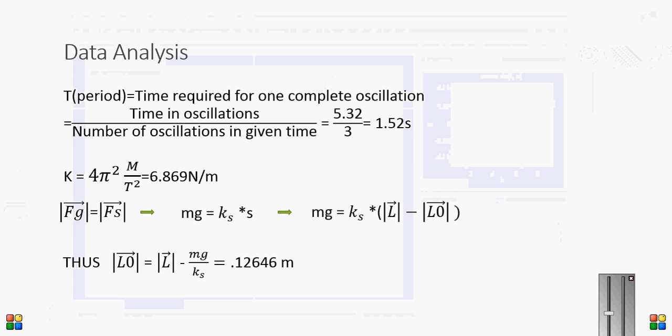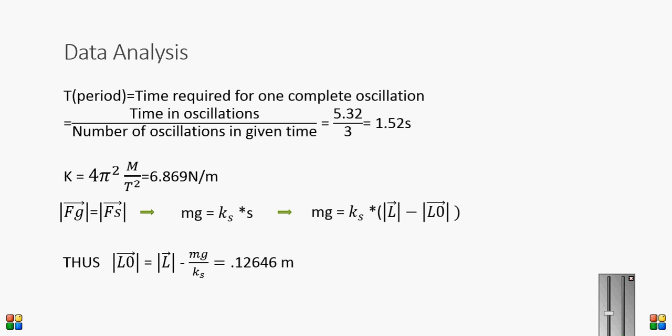So in order to solve for the spring force and the spring stiffness, we analyzed the period using the data from Tracker. So our period, or T, is equal to the time required for one complete oscillation, that being time over the number of oscillations in a given time, and that was 5.32 over 3, and that gave us our result.